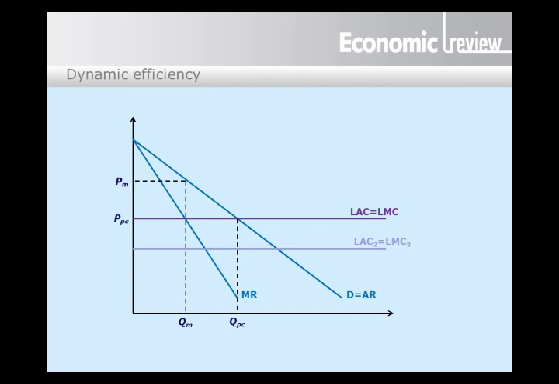The monopolist would then maximize profits where LMC2 equals marginal revenue, choosing the output QM2 and charging a price PM2. Now, this still doesn't take us to the full perfectly competitive outcome, but clearly consumers are now benefiting from lower prices and are getting higher output.